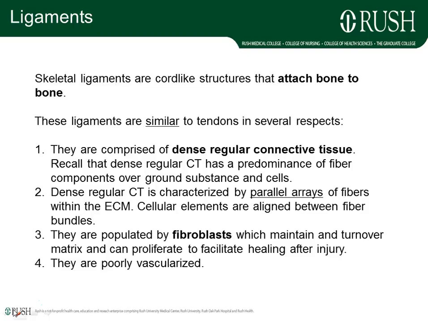And those fibroblasts make, maintain, and turn over that extracellular matrix in which they live, and they can proliferate to facilitate healing after injury. But again, because this is a tissue that's poorly vascularized, that injury response and healing is a bit slow.